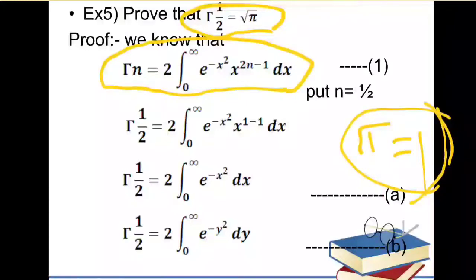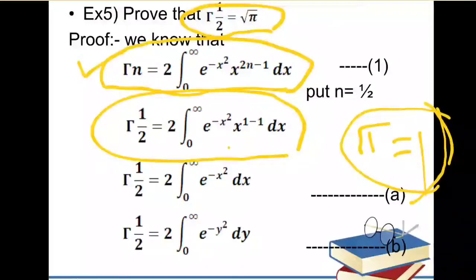Now in this term, if we take n equal to 1 by 2, because we want to find the value of gamma of 1 by 2. So in equation number 1, if we put n equal to 1 by 2, then we get this type of term. Here x raised to the power 0 is 1, that means we get equation number A.